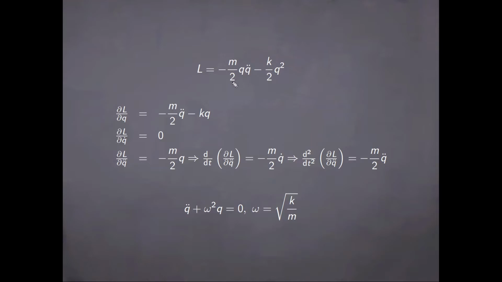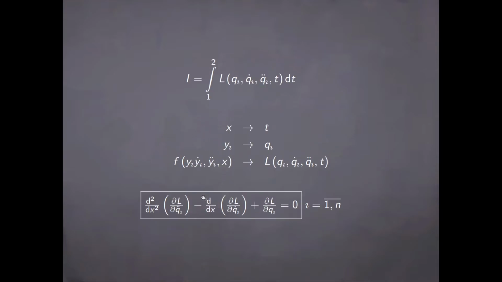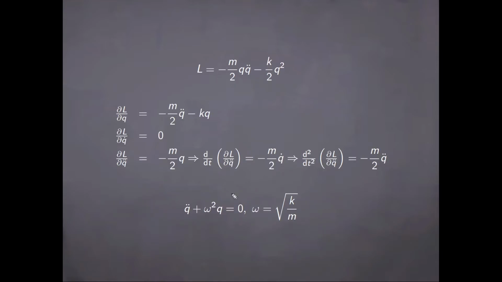And if we work out the partial derivatives involved in this more general form of the Lagrange equations that was deduced here, what we obtain in a very straightforward way is simply the equation of motion of a simple harmonic oscillator of frequency omega given by the square root of k over m.